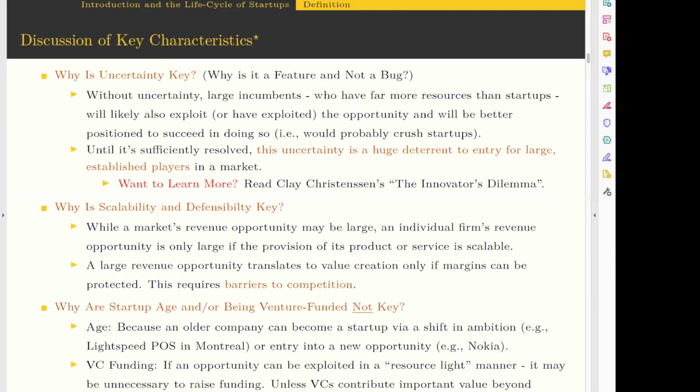And you don't need venture funding to be a startup either, right? In fact, what I would say is, as a startup, even if you're high ambition and you have all the characteristics that I'm mentioning, you should only raise venture funding if you need it. So either if you need those resources to fund your project, or if you really want to bring in VCs to help add value to your business.